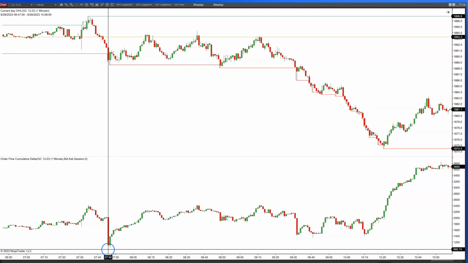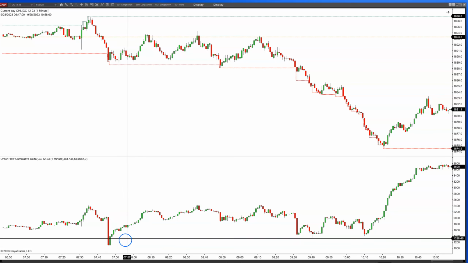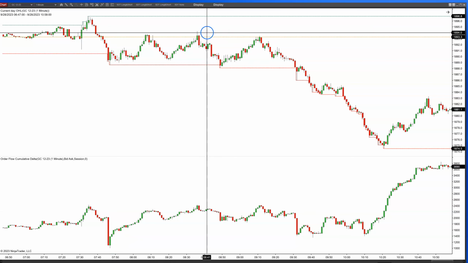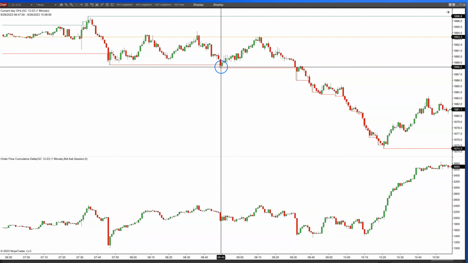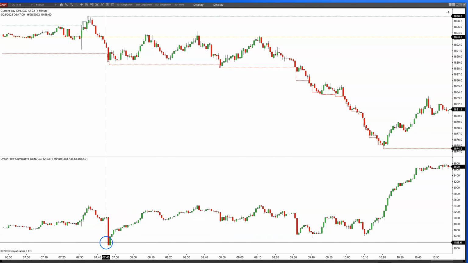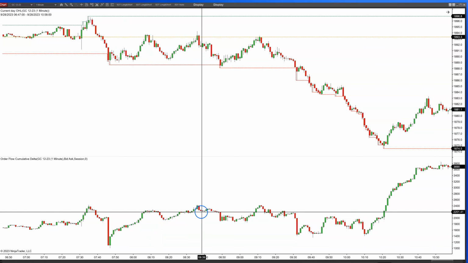But this was interesting because here, our cumulative delta, on the bottom part of this chart, is about 1,000. And now we're making a new low here at 88.10, but our cumulative delta is like minus 1,800. We actually saw cumulative delta almost double.